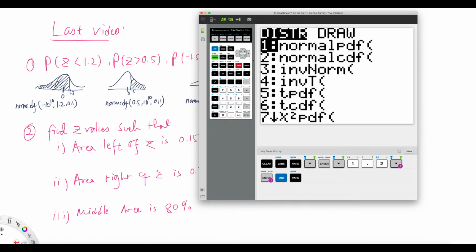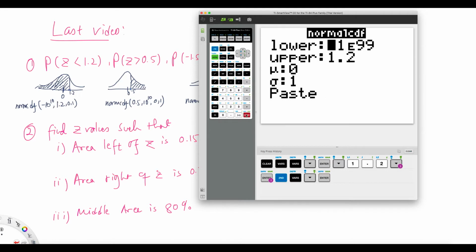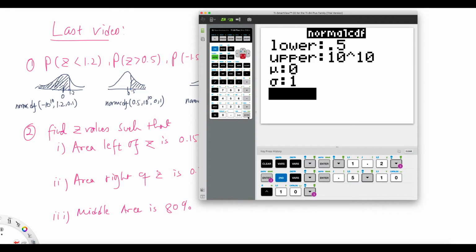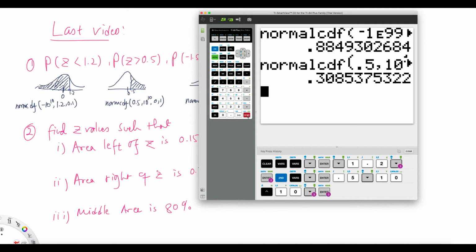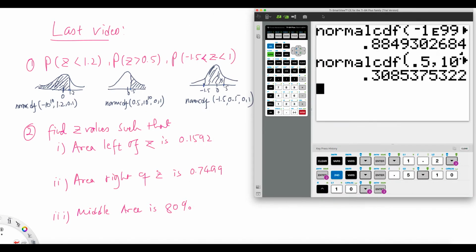For the second one, you do normal CDF again, and left bound is 0.5, right bound you can write 10 to the 10 or 10 to the 99, whatever you want. Mean is 0, sigma is 1, and then paste. This is what you get, 0.3085 is the answer to the second question. And for the third one, you are trying to find the area between negative 1.5 and positive 0.5.